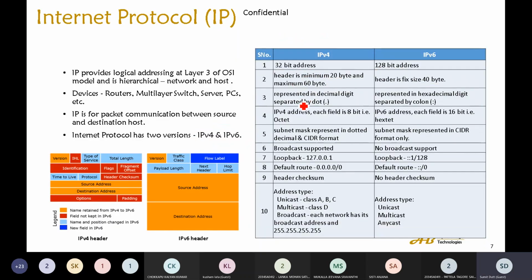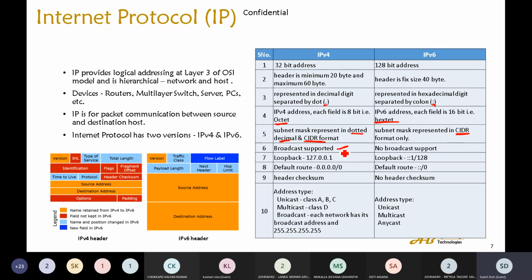Here it is separated by dot, while it is separated by colon. It is an octet value and this is the hextet value. Here the subnet mask is represented in dotted decimal like 255.255.255.0, or we can express it in CIDR format, whereas in IPv6 there is only the CIDR format to represent the subnet mask. There is no dotted decimal method available.